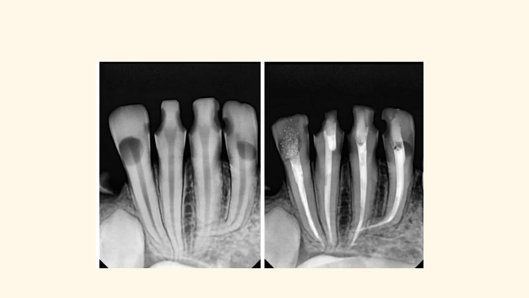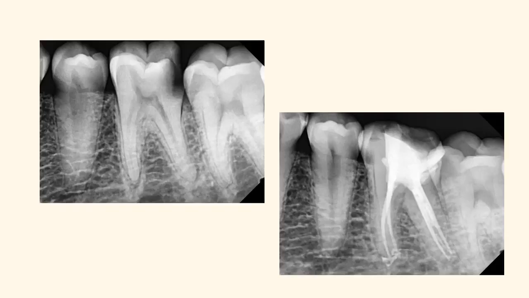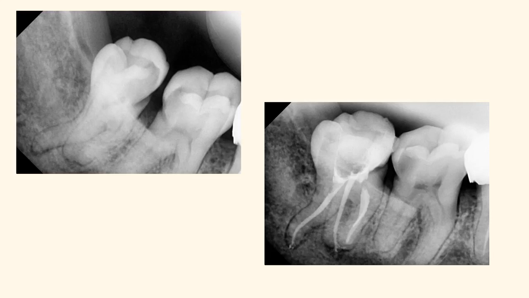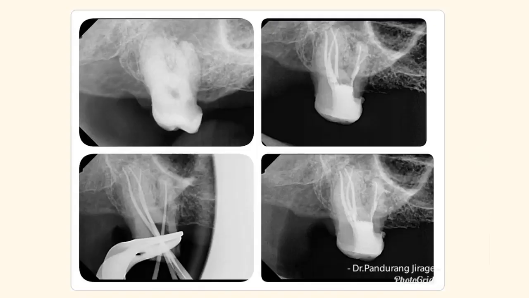This is the case with a 90-degree curvature in the apical third in the lateral incisor. Proper sequence of instrumentation and proper protocol resulting in a proper glide path preparation. This is another case with different anatomy in the distal root. Case with a curvature in the distal root. In this case, you can see the well obturated canal because of the proper glide path preparation.